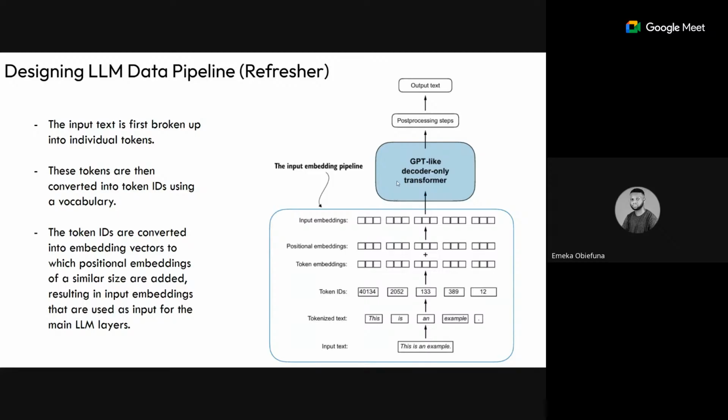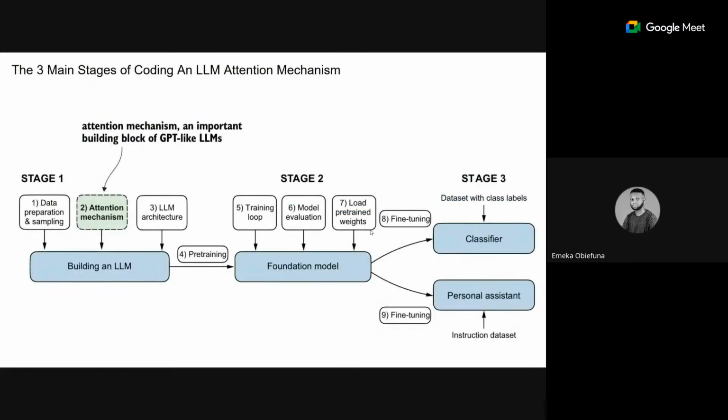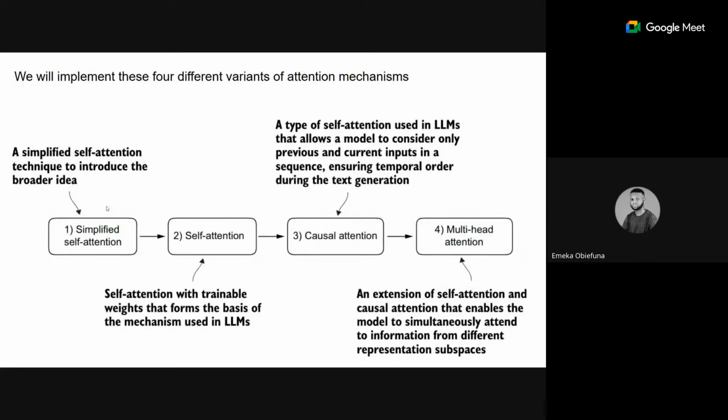The bulk of my talk today is going to focus on the next part, since we've already covered this segment that you are seeing here. We are going to focus on the second step in stage one of training your LLM, which is the attention mechanism. Most of us already know, but if you don't, we have different types of attention mechanism.